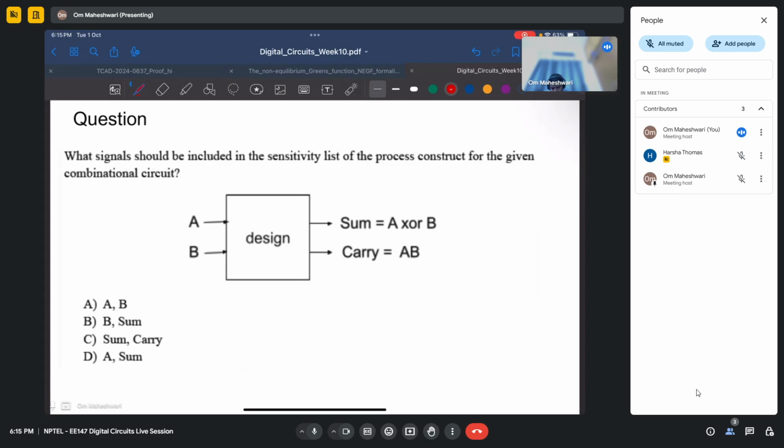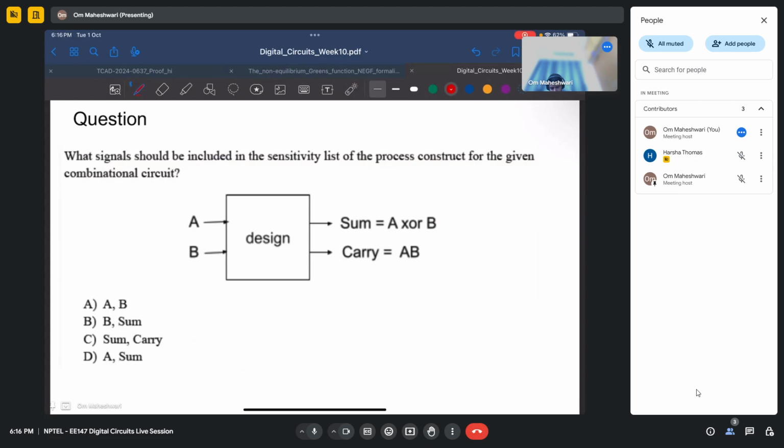What they are saying is, what signal should be included in the sensitivity list of the process construct for the given combinational circuit? What is the sensitivity list?